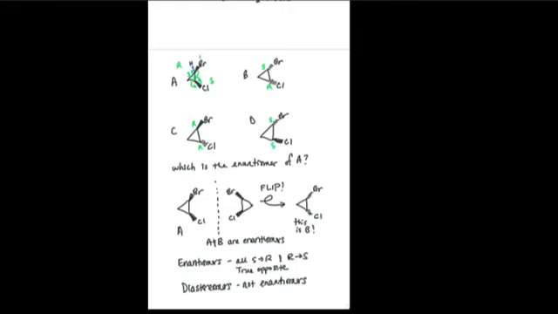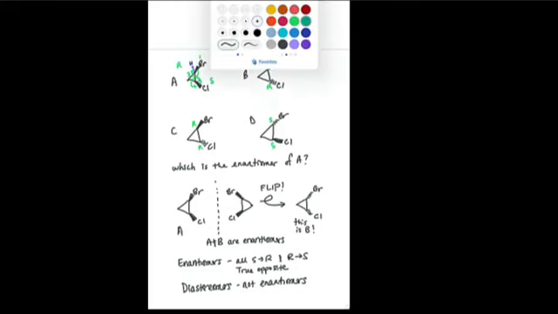All right, and so going back up to the top, we can see that the relationship between A and B is that R switched to S and S switched to R. So those two are indeed enantiomers of one another. That means that A's relationship with D or C would be that of a diastereomer. You can only have one enantiomer.